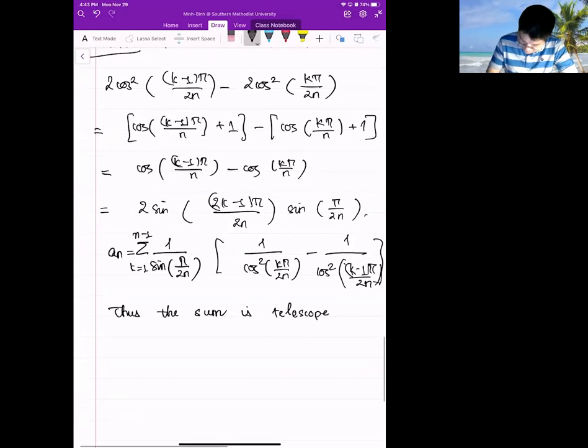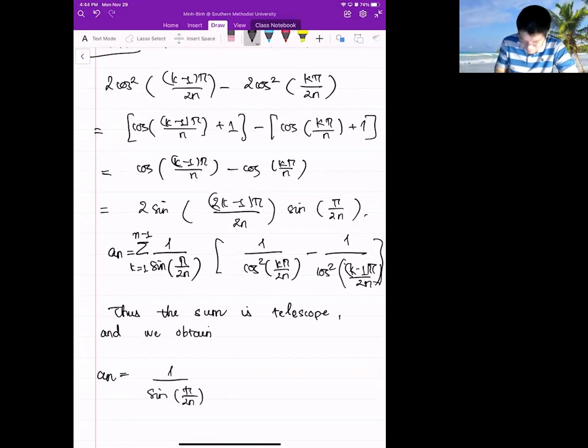And we obtain that a_n is 1 over sine of pi over 2n times (minus 1 plus 1 over cosine squared of (n minus 1) pi over 2n).